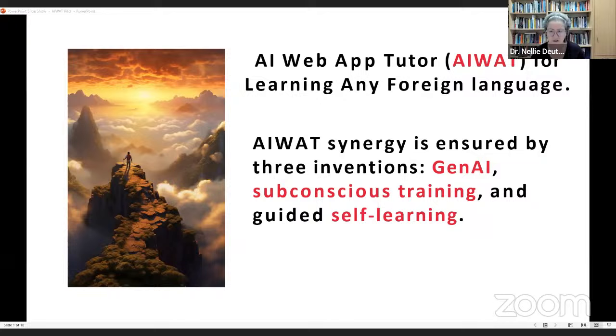Arkady's latest invention is the AI Web App Tutor, AIWAT, which can be used to learn any foreign language. AIWAT combines three inventions: GenAI, patented subconscious training, and guided self-learning for developing fluency in any foreign language.